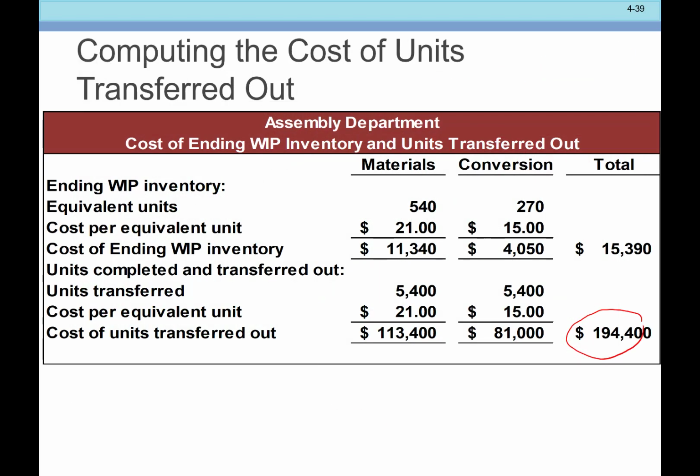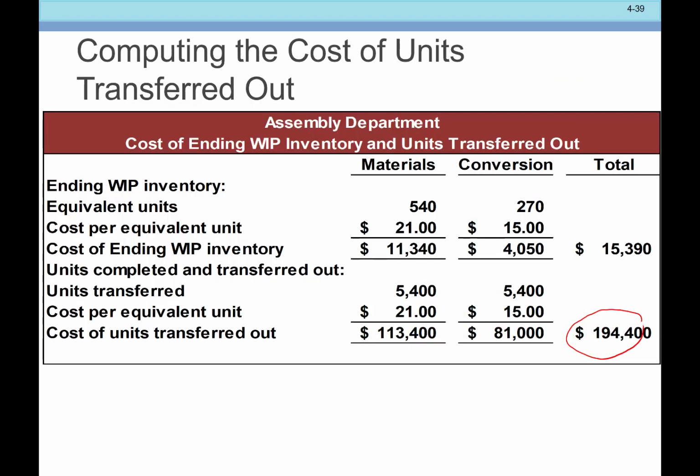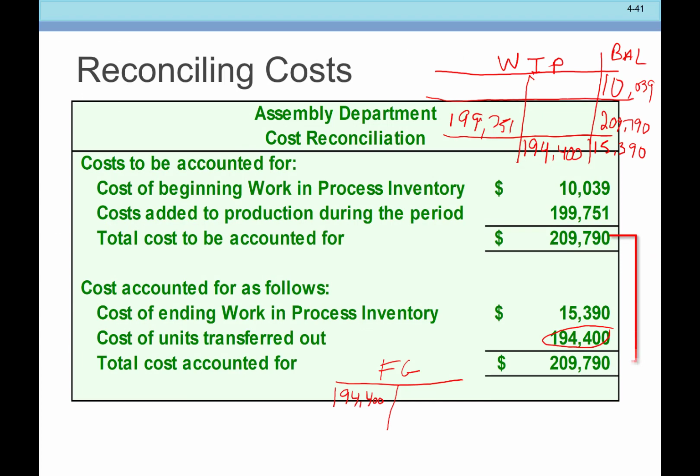We just calculated that from the previous calculation of the 5,400 units transferred out times the cost per equivalent unit, and then the amounts in our ending work in progress, which we had calculated back here when we picked up the number of equivalent units in the ending work in process times the cost per equivalent unit. But what I was showing you last time is the ending inventory comes along for the ride, okay? And so you get that for free.